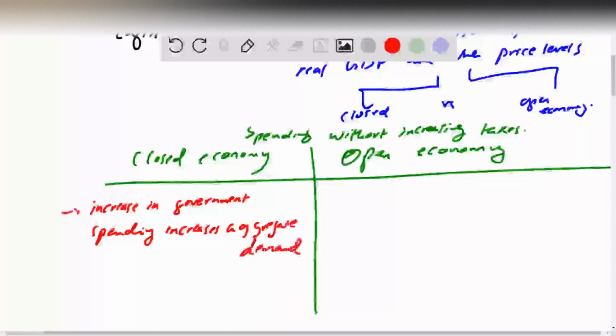I know some of you are thinking, "Oh, aggregate demand. What's this thing called aggregate demand?"